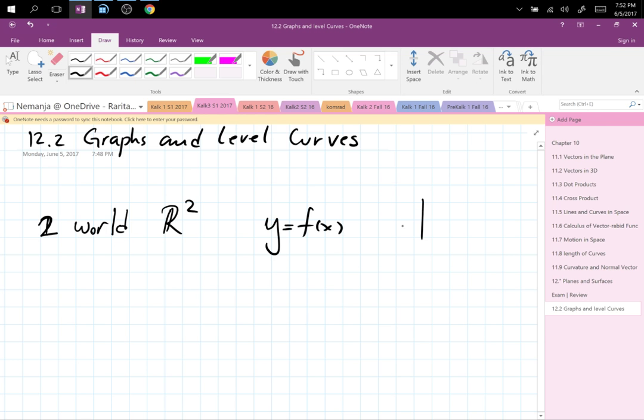We graph that on the xy coordinate system, and we have a point x comma y containing two dimensions, dimension x and dimension y.